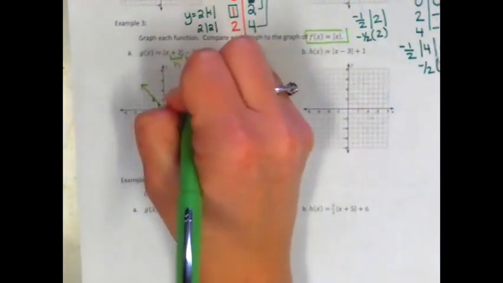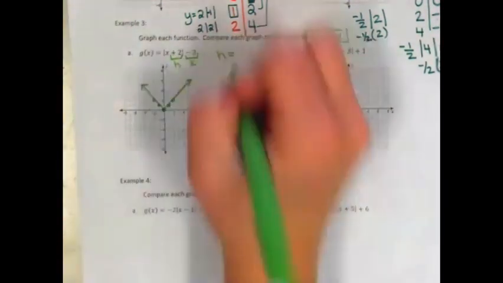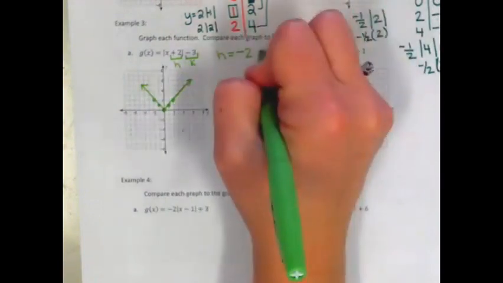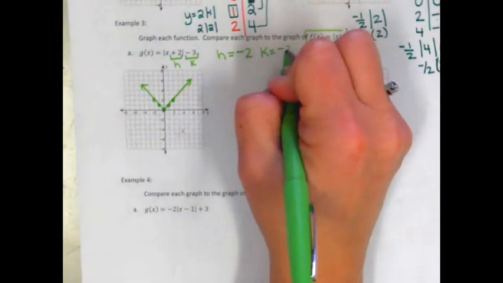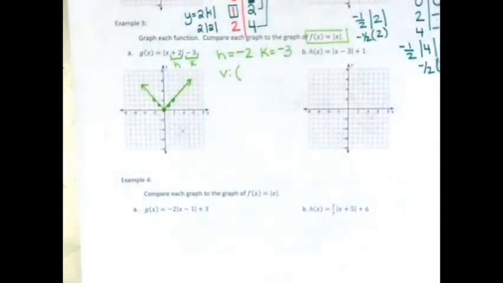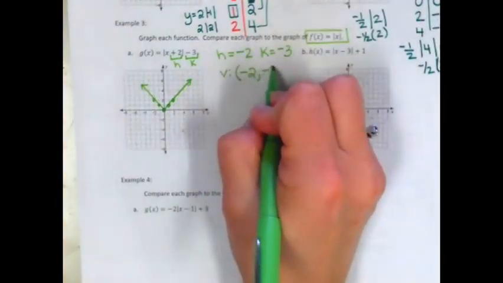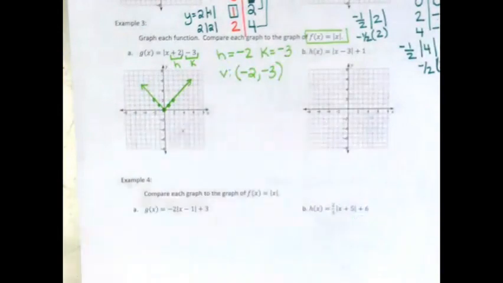What does H always do? Lie. So what's my H actually? -2. My K tells the truth, so my K is -3. So what is my vertex? -2, -3. Alphabetical order, HK.